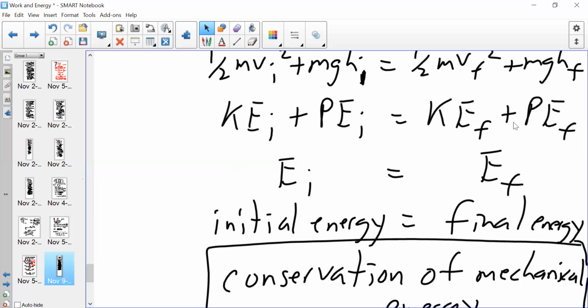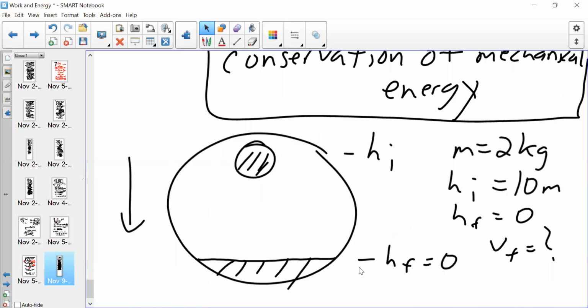Makes life easy. So now all of the energy in the beginning is held as potential, and therefore all the energy in the end will be both or one type. When it hits the ground, what kind of energy will it have here? Final height is 0. Is there no energy at the bottom?